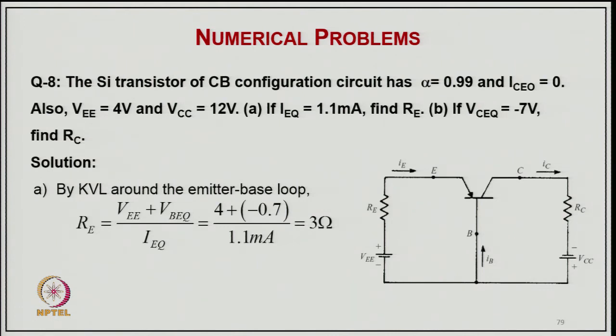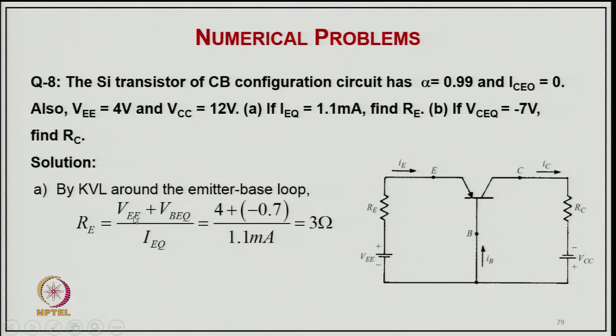Now coming to example 8, the silicon transistor of common base configuration circuit has alpha equal to 0.99 and ICO equal to 0, and also VE equal to 4 volt and VC equal to 12 volt. If IEQ equal to 1.1 milliampere, find RE, the resistance here, and if VCBQ is minus 7 volt, find the RC value of this resistance here, by applying Kirchhoff's voltage law around the loop typically here.